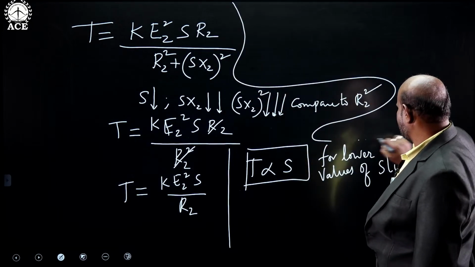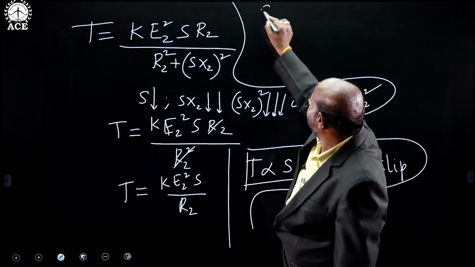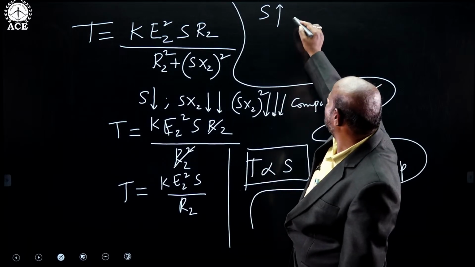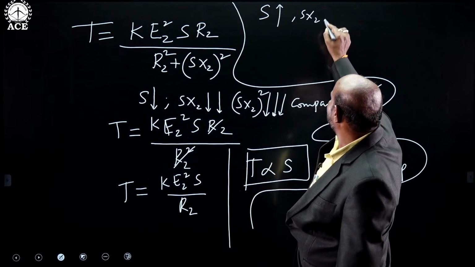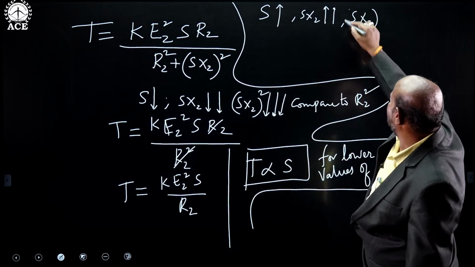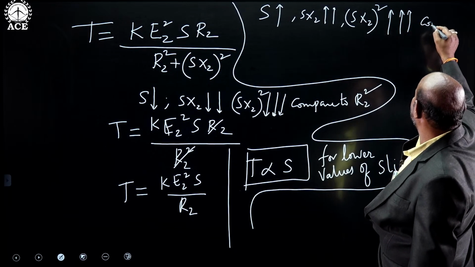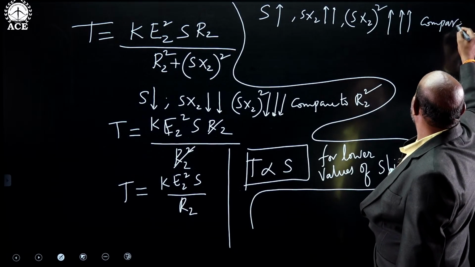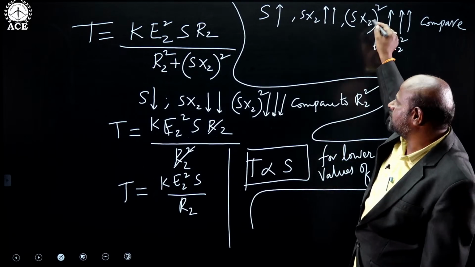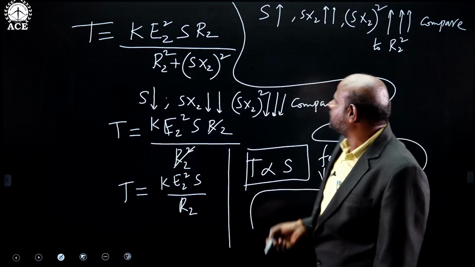Next, go for the second case. When slip is more, S X2 is much more, and (S X2) whole square will be much, much more compared to R2 square, so we can neglect R2 square.